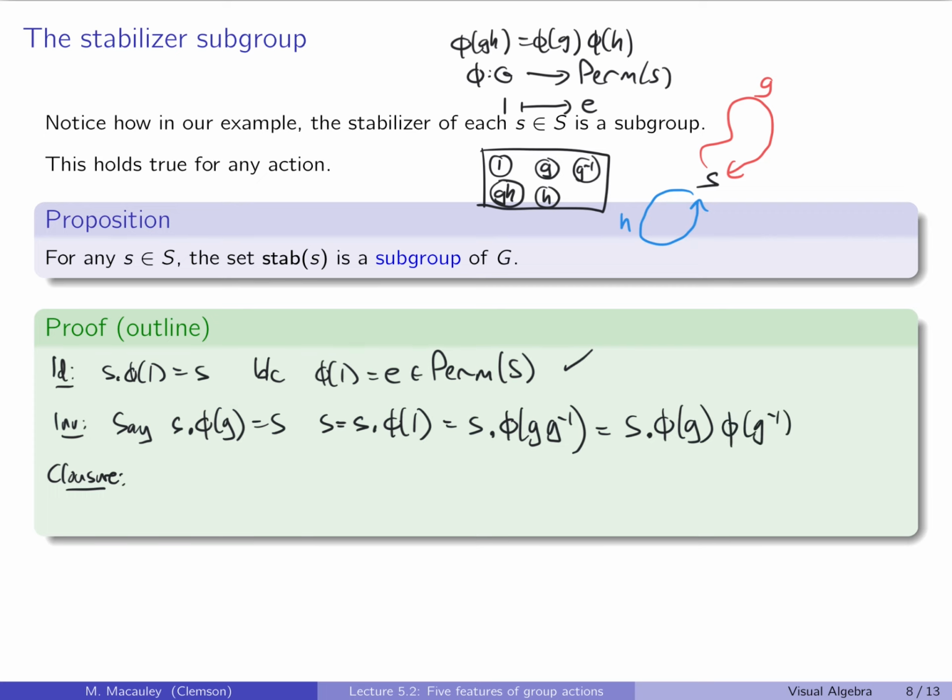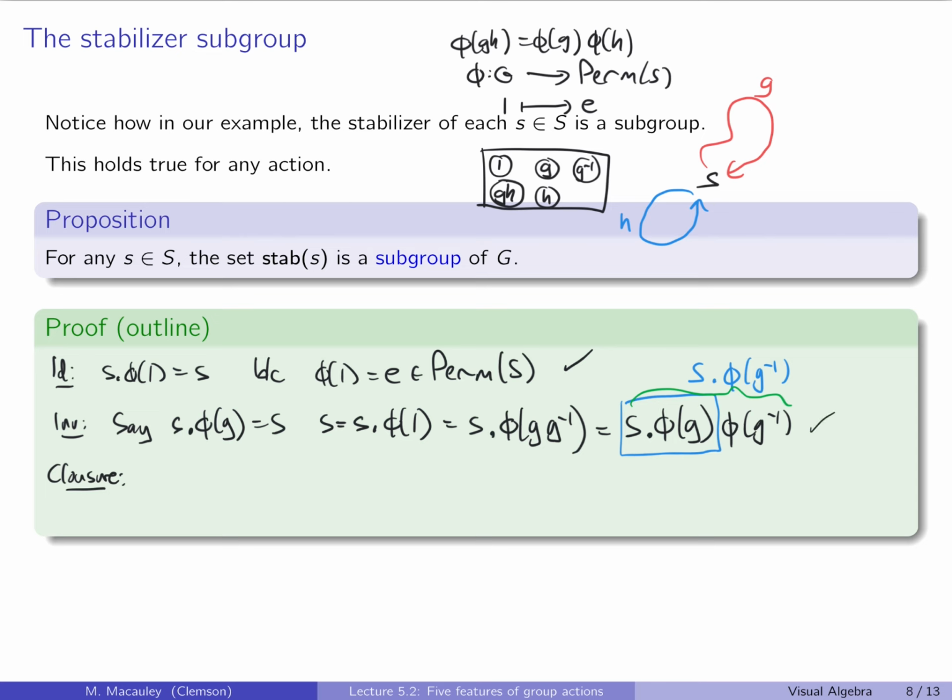And because G fixes S, this is equal to S dot phi of G inverse. And that's equal to S. So in other words, we know the identity fixes S, and we know that G fixes S, so this must be S, so G inverse must fix S as well.